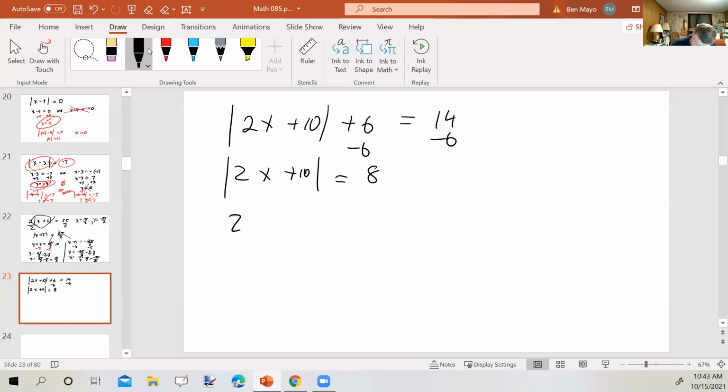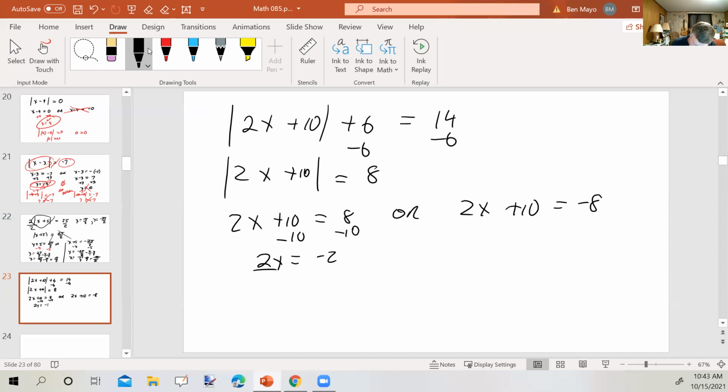Now we break it apart and say either 2x plus 10 equals 8 or 2x plus 10 equals the opposite of 8. And then from there, solving each equation. Subtract 10 from both sides, 2x equals negative 2, divide by 2, x equals negative 1. Subtract 10 from both sides, 2x equals negative 18, divide by 2, x equals negative 9.